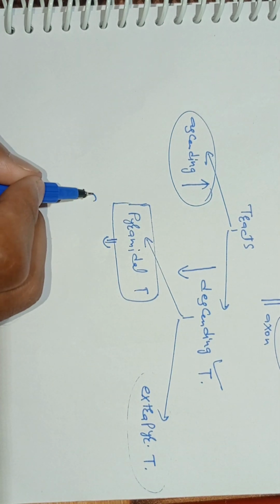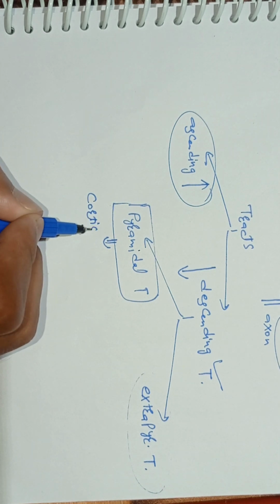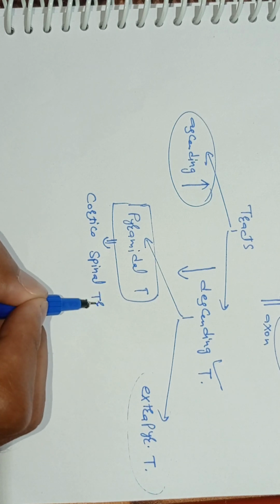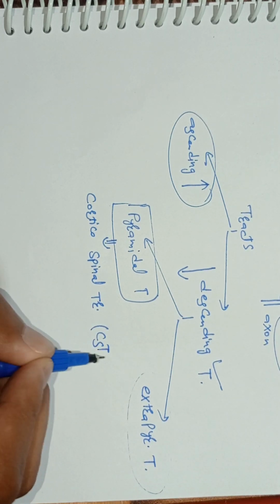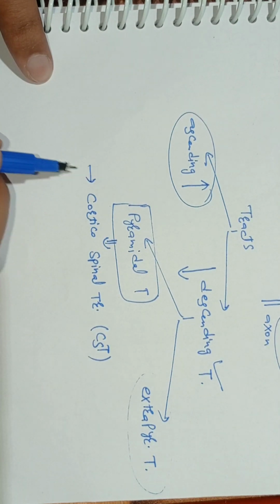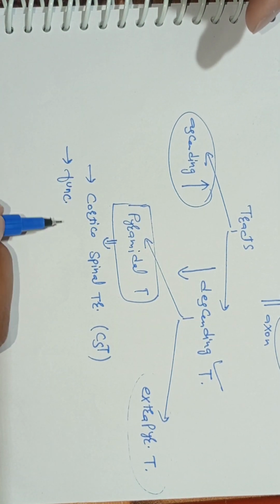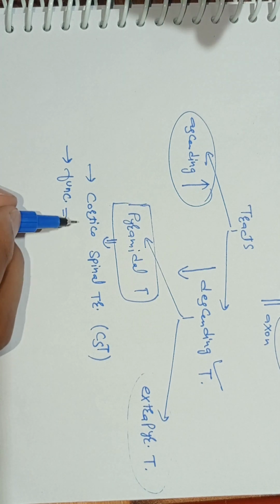Pyramidal tracts are also known as corticospinal tracts. That is the first point. Another point, its function. What is the function of the pyramidal tract?